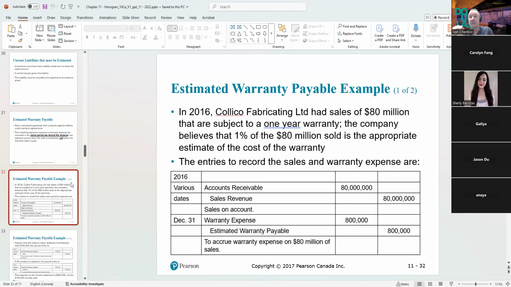Then they're going to show the warranty expense. Again, this is a provision to match the expense with the revenue based on future expectations. And then we're going to show warranty expense, credit estimated warranty payable or estimated warranty liability.